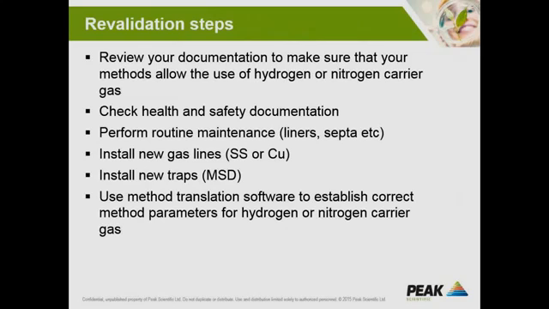It will reconfigure the method for you, also reconfiguring any oven ramp rates and oven holds that you have on your GC method. So it's definitely a good place to start. If you have any more questions regarding this, feel free to email me and I can provide you with information.